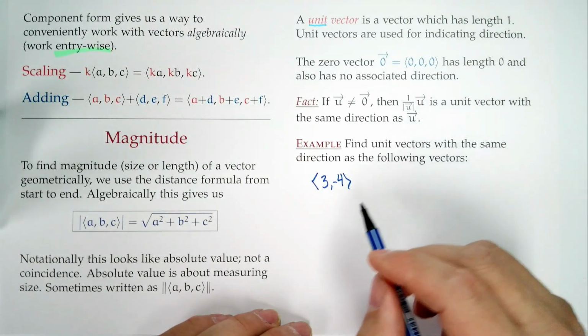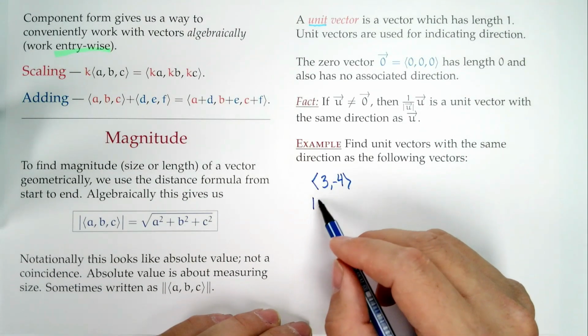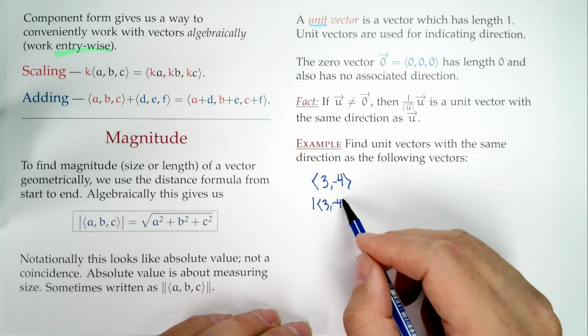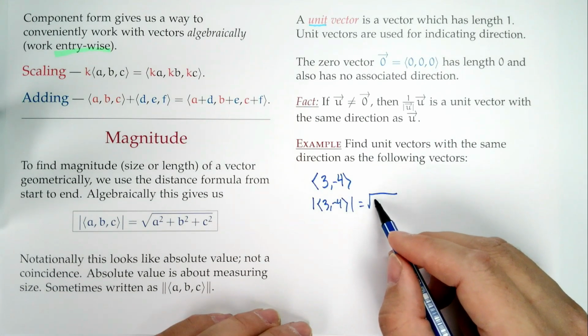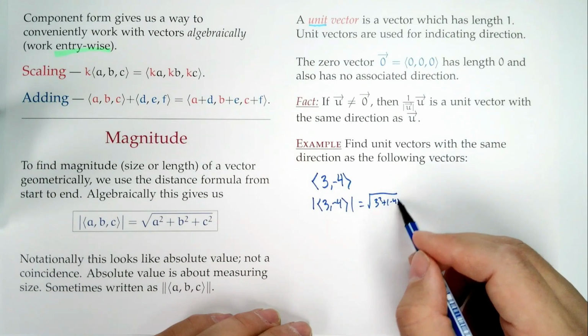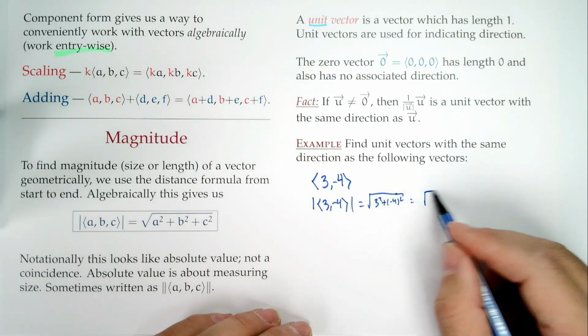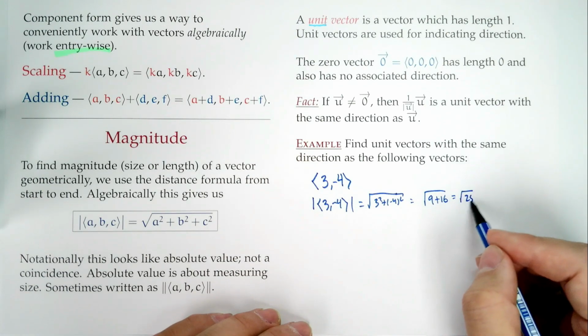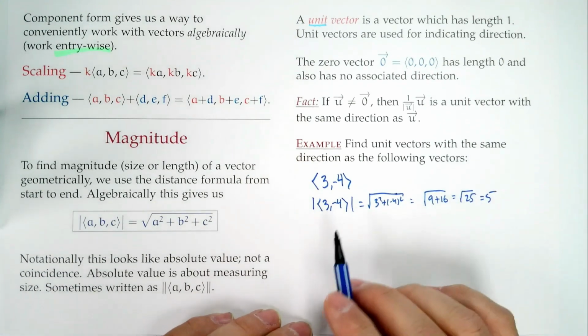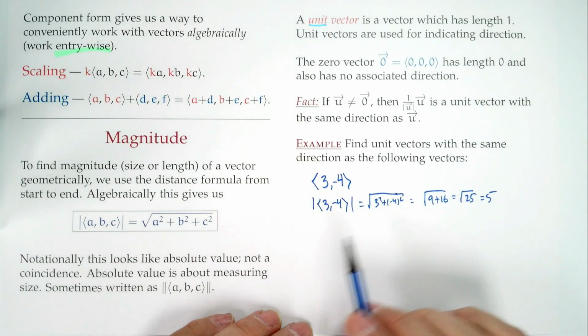So what do we do? Well, let's talk about the magnitude of 3, -4. That would be the square root of 3 squared plus -4 squared, which would be the square root of 9 plus 16, square root of 25, which is 5. So currently, this has length 5.